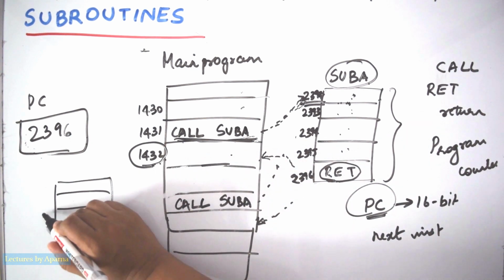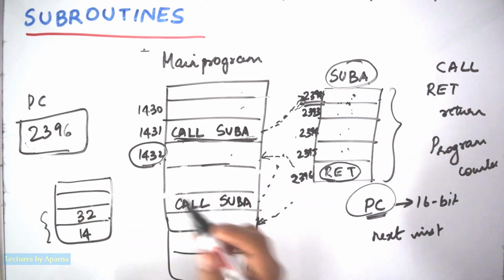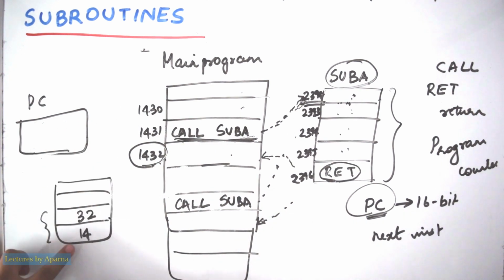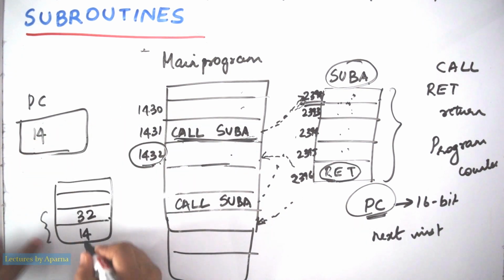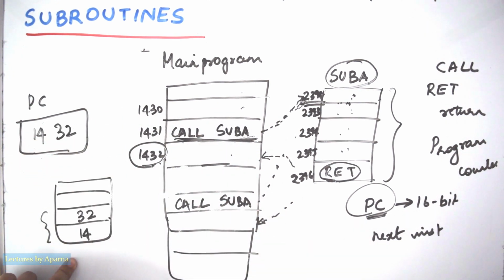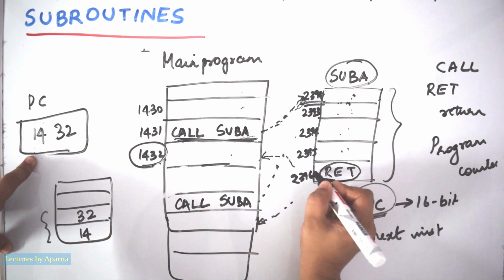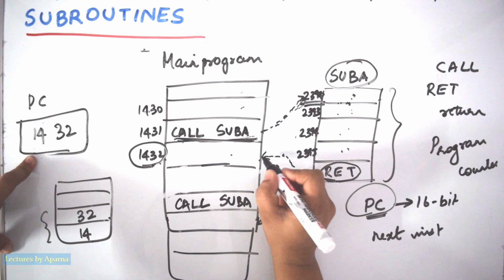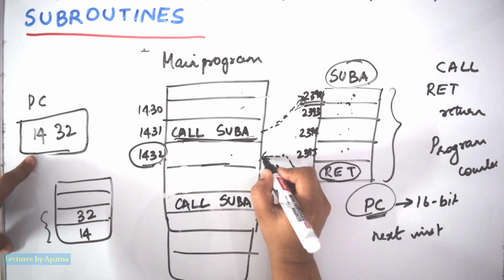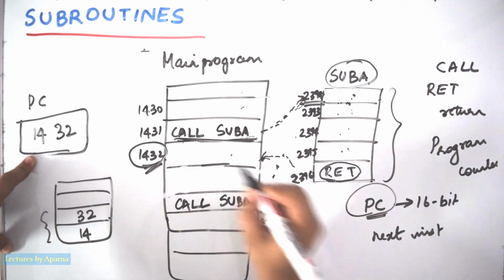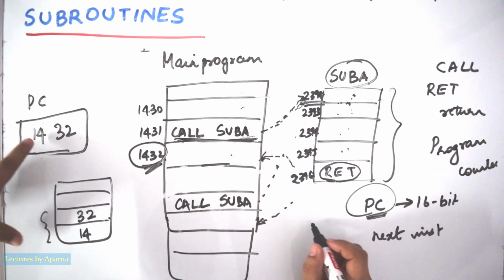So this address stored in the stack will be taken back to the program counter. So this 14 will be taken back and this 32 will be taken back. So what happens after the return instruction? This program will start executing from here, since the address of the next instruction is 1432.